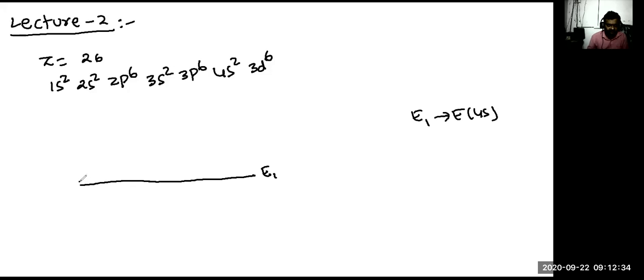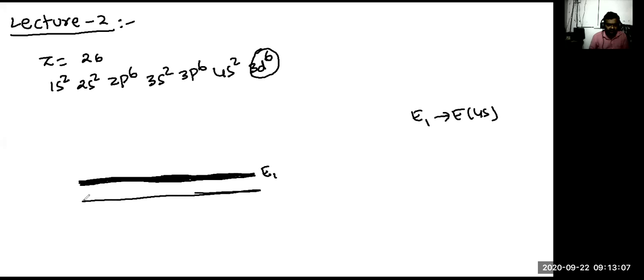Each electron will have almost similar energy, so the two electrons will have similar energy. That means here it forms a band, and these six electrons will also form a band.